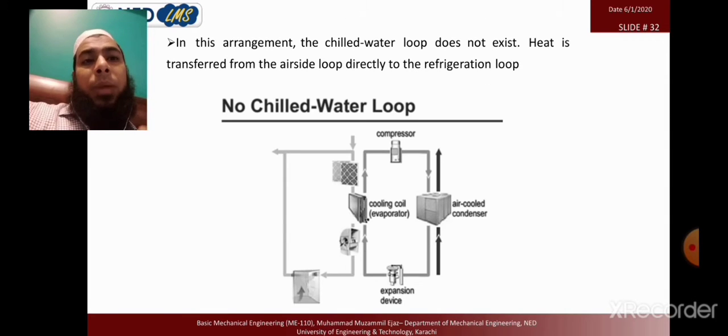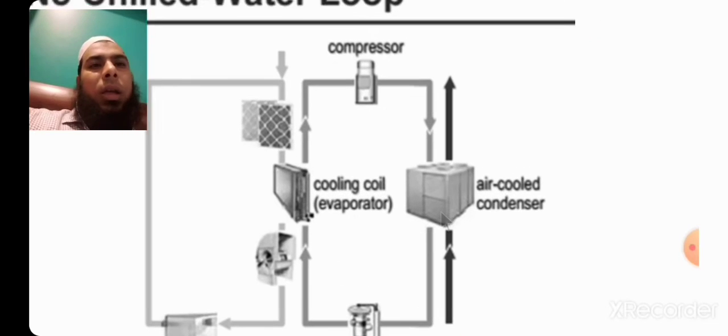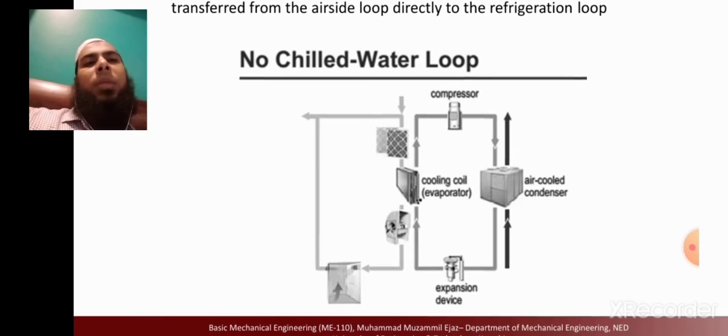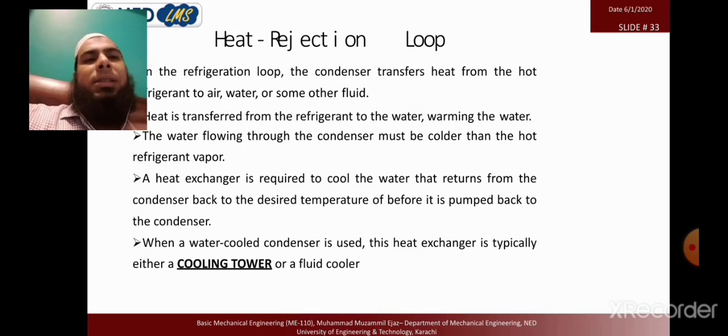In an air cooled chiller, this is basically the circuit. The air cools down the condenser and the air is rejecting heat from the refrigerant gas.